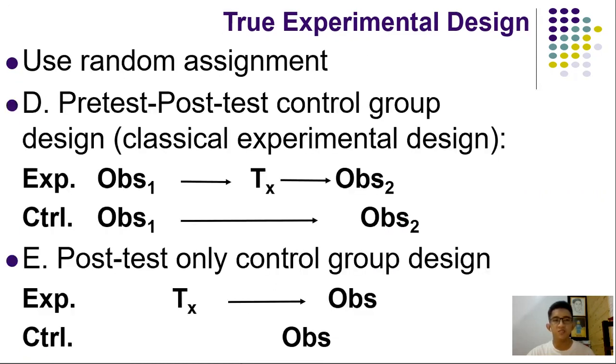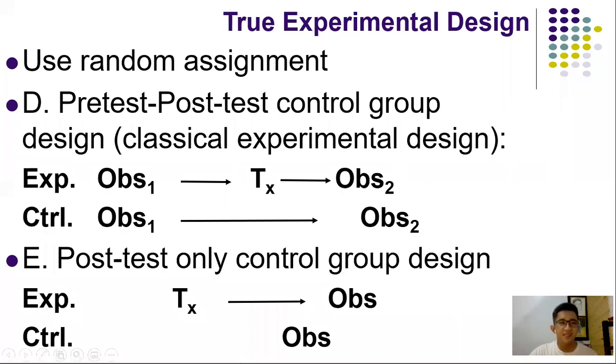Sa pre-test, post-test control group design ay tinatawag na classical experimental design, kung saan meron tayong experimental at control group na merong pre-test at post-test. Sa experimental group, mangyayari ay oobserbahan mo muna ang iyong variable, ikakandak mo ang experiment, at magkakaroon ka ng post-test.